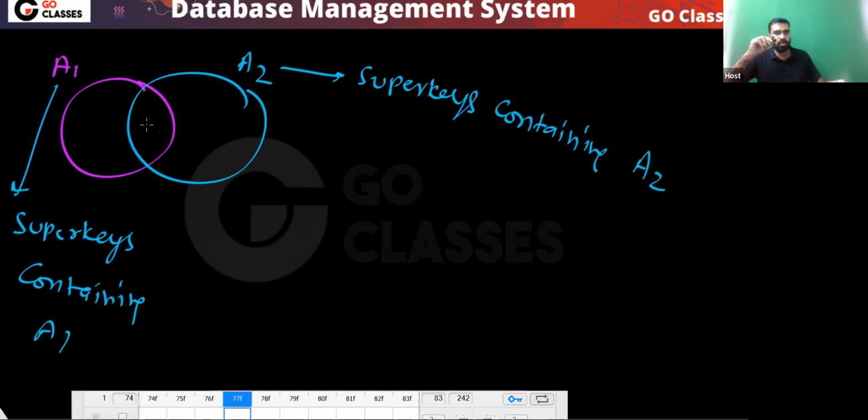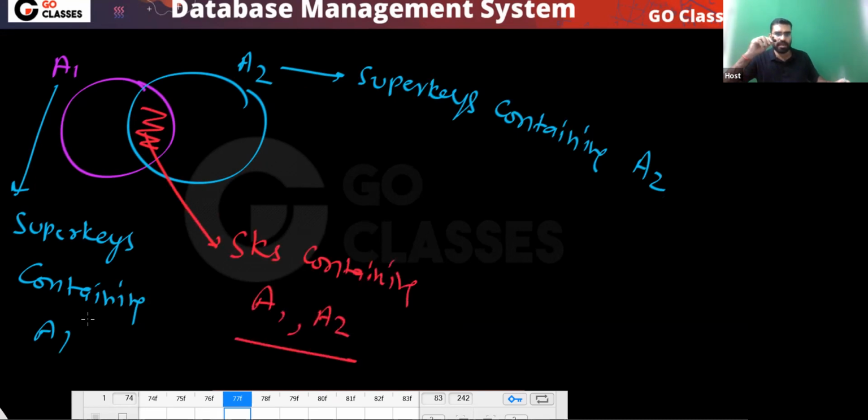Correct? And these are super keys containing both A1, A2.